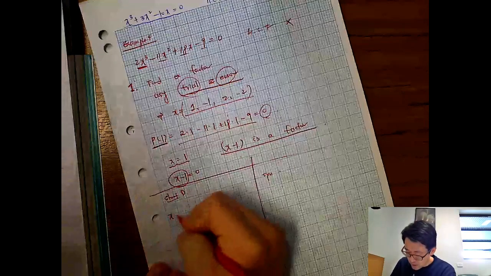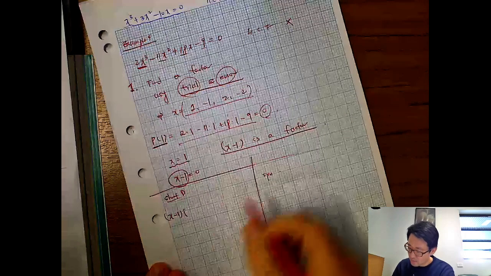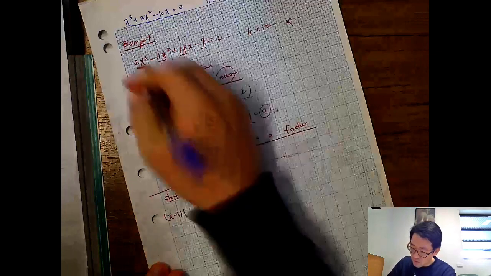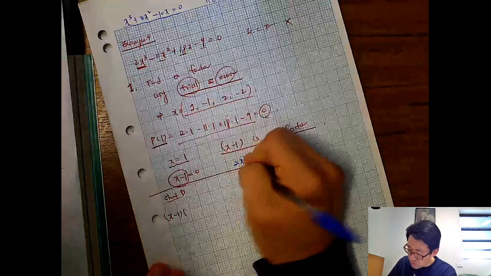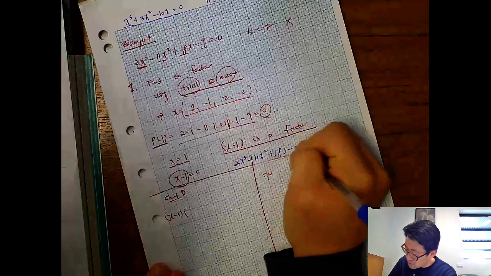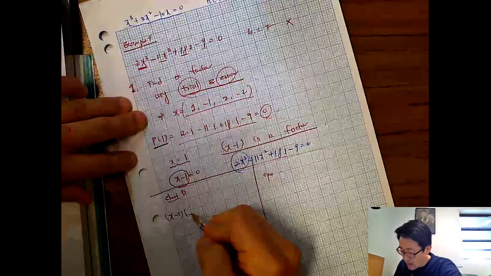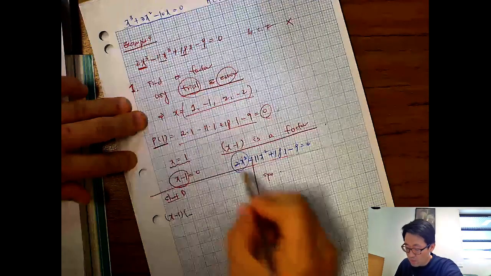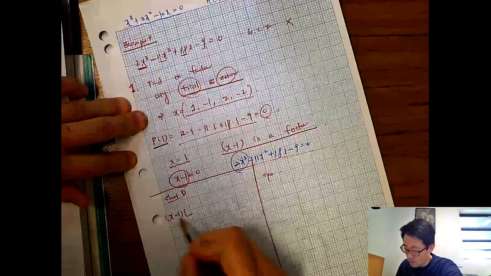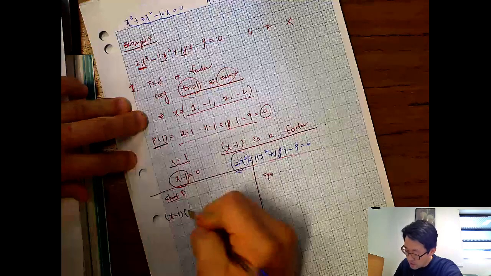So x minus 1 and then 2x cubed minus 11x squared plus 18x minus 9 equals 0, isn't it? That x is cubed, so when I multiply this I should have here a quadratic.